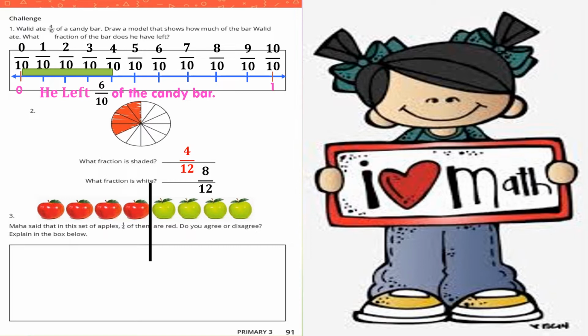So each part will be a half. The red apples are half and the green apples will be half also. So here half of them are red and also half of them are green. So do you agree or disagree? No, I don't agree.